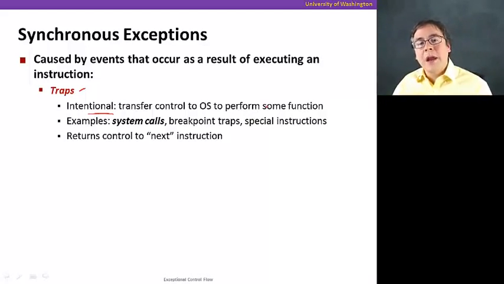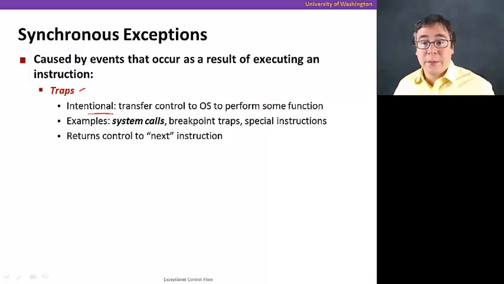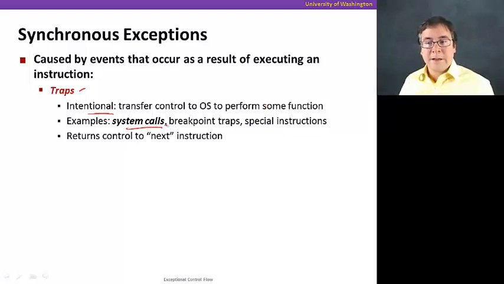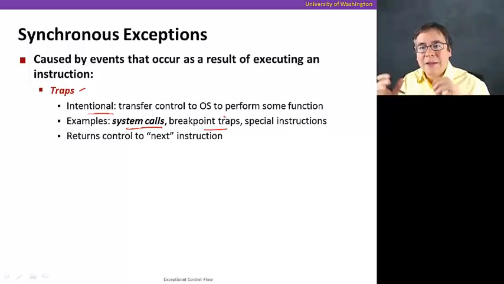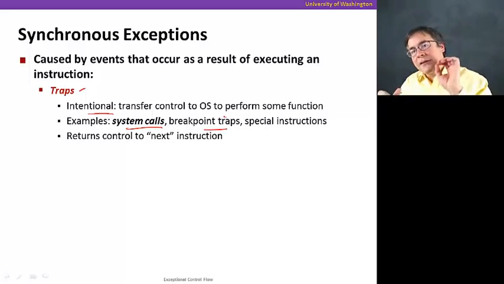A trap is a way for an application to transfer attention to the operating system so it can do something for the application. We call that system calls. That's the operating system API. But there are also other types of traps. Whenever you're using GDB and you insert a breakpoint into your code, it adds what we call a breakpoint trap. So your code executes, and whenever it reaches this breakpoint, it sets a trap.